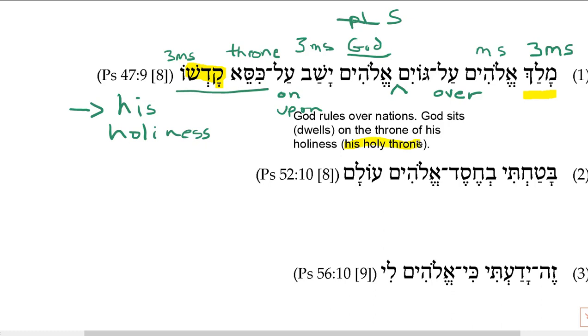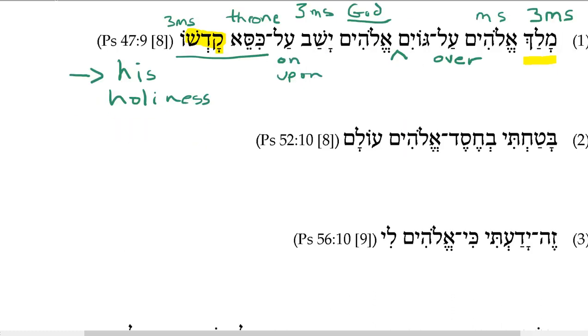So his holy throne. Like the mountain of his holiness, we could say his holy mountain. One final note, I translated the first verb as God rules rather than God ruled. The perfect can be used for present tense depending on context.